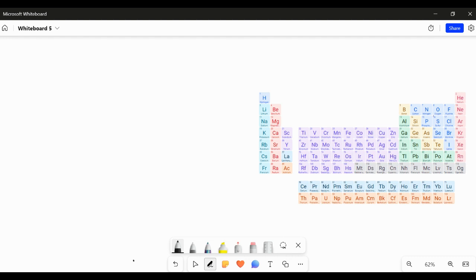So, to kind of compare and contrast covalent and ionic bonding, we talked about ionic bonding before. Now, ionic bonding happens when one atom gives an electron to another. And when that happens, both become charged and they become oppositely charged and they stick together.